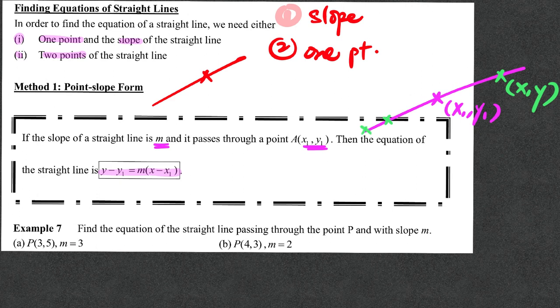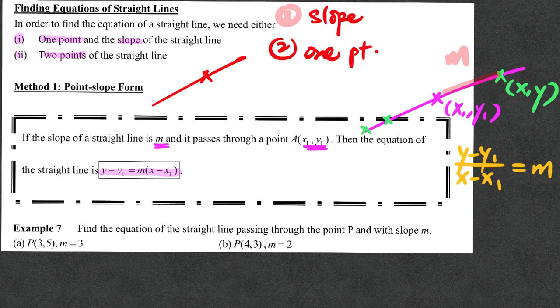But anyway, wherever you draw x, y and also x1, y1, can you see that they are lying on the same straight line with the slope equal to m? As a result, with your knowledge from the previous year, you will know that y minus y1 over x minus x1, no matter where x, y is, should be equal to m.